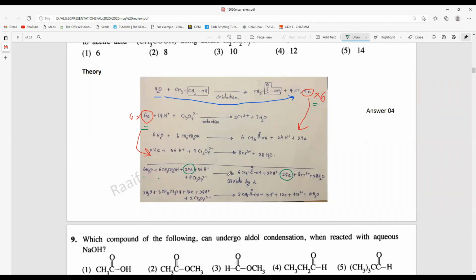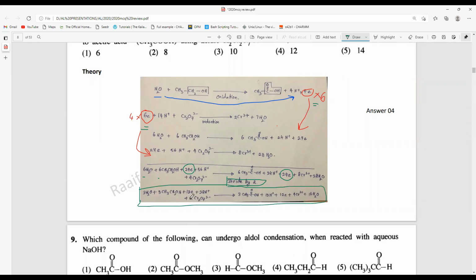That can be divided by 2. If I divide by 2, I have these factors. However, I cannot divide any further because there is 3 here. So finally, this is my equation.